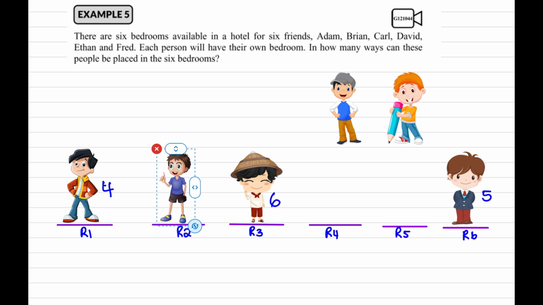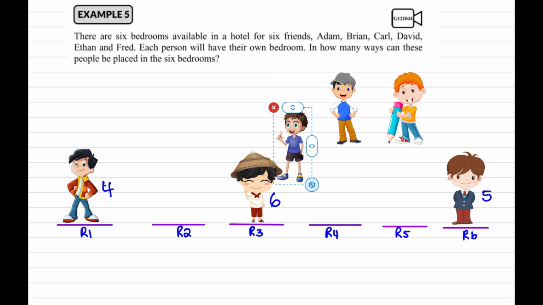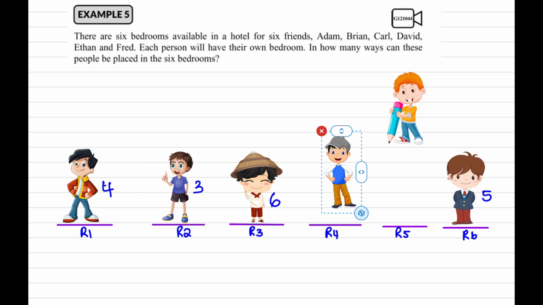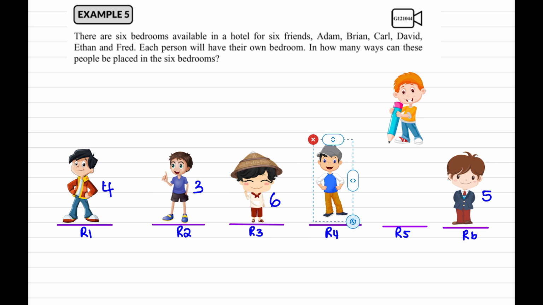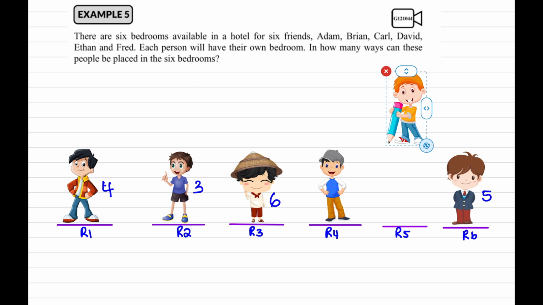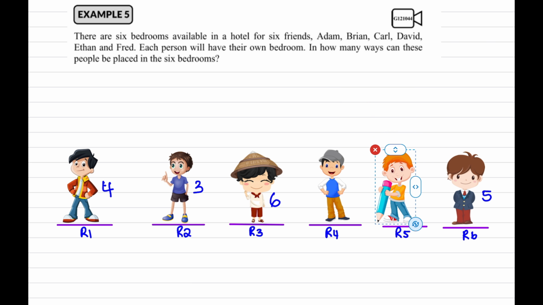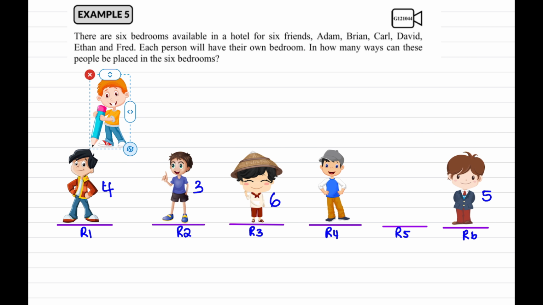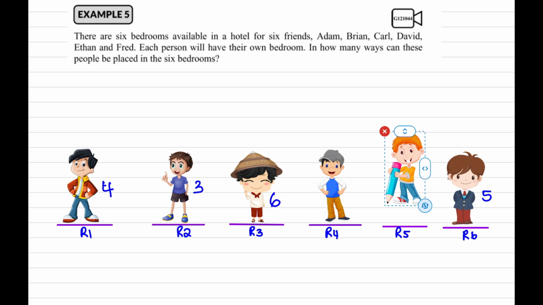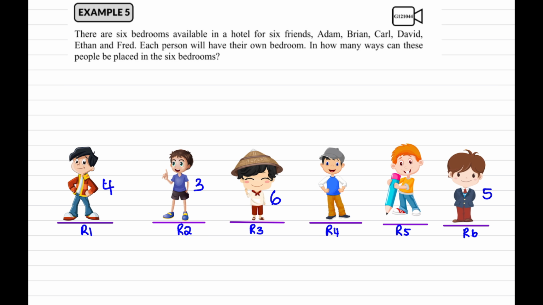So David only has 3 rooms to choose from. Next we have Ethan. So can you see Ethan can only choose between room 4 and 5. And then lastly we have Fred. So Fred can't really choose. He only has 1 option. So Fred would be in room 5. So Ethan had 2 options and Fred had 1 option.